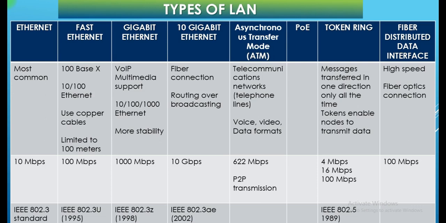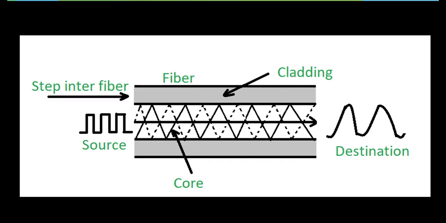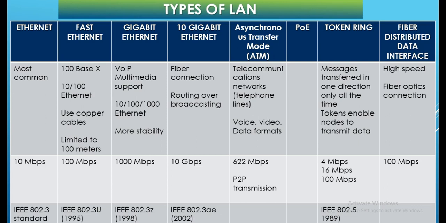So a light signal is sent along, transmitted into the cable, and it reflects. So you have reflection, and that is how the communication process takes place. They're pretty fast. You're looking at speeds starting off at 1 gigabit per second.